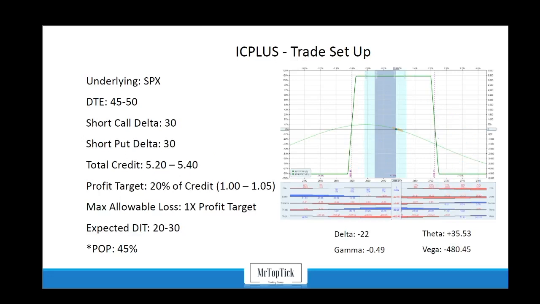If nothing else, obviously this trade is going to make money as long as we see rate of change on the upside slow down. And this is something I want to talk about next. A trade setup like this, it's probably hard to see here, but we are getting implied odds of about 45%.